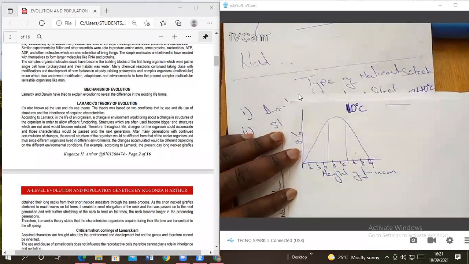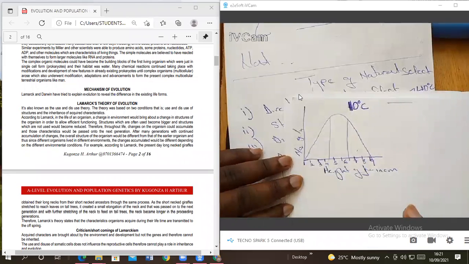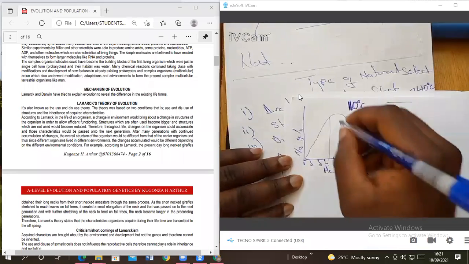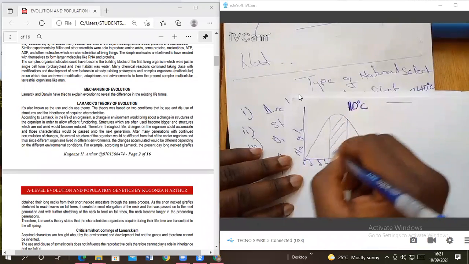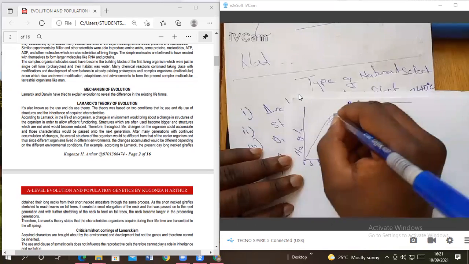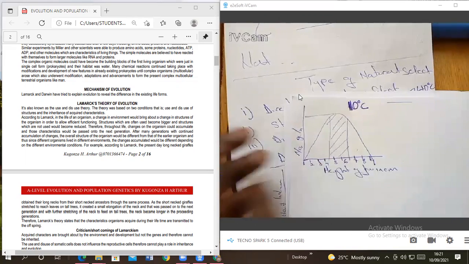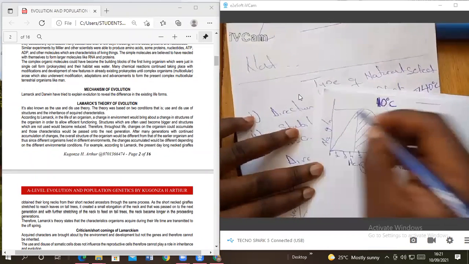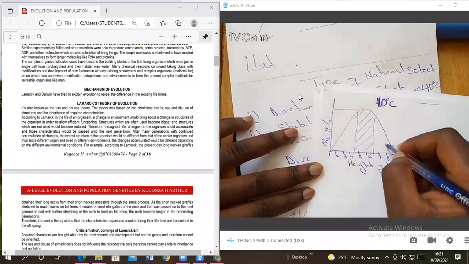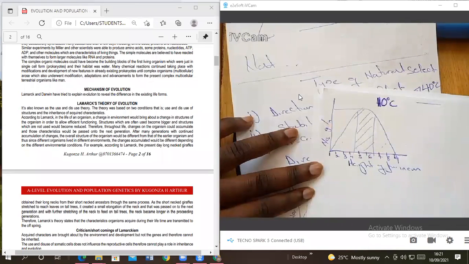If we have length in centimeters and number of individuals, you'll find the intermediates are the ones with the highest number. Those with relatively short, not too short, not too long, fur have the highest number, but those who are short and long have smaller numbers.